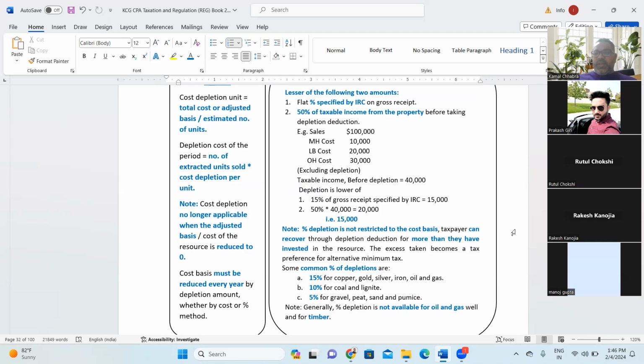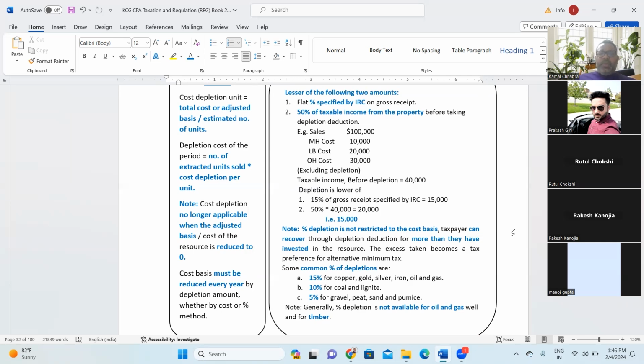In that scenario, you have already recovered all your cost by charging depletion period over period. Then whatever extraction you make is your direct income. Only the expenses you will be charging, but there will not be any depletion. This is what it means.